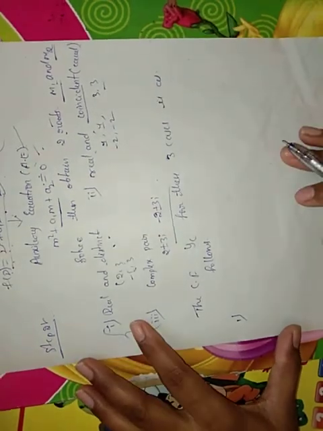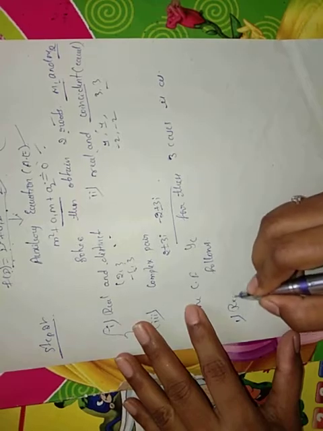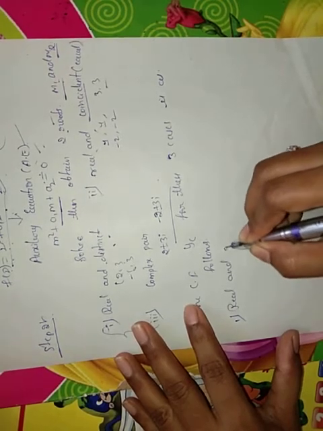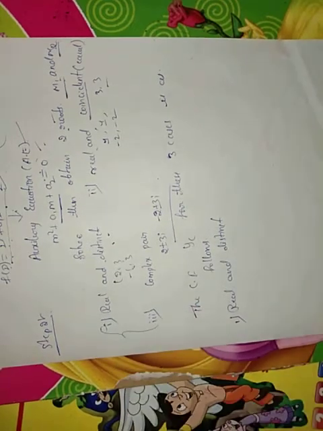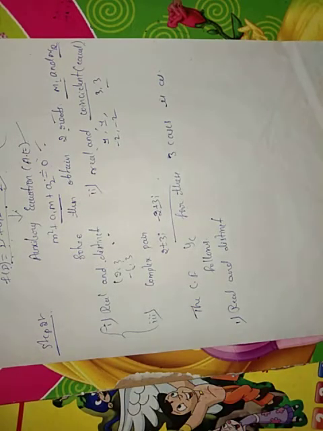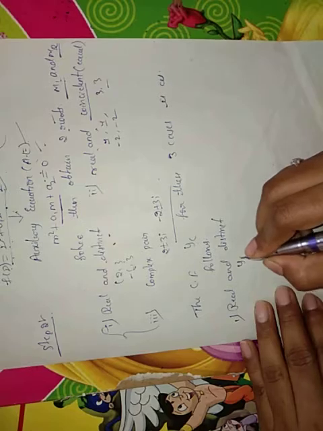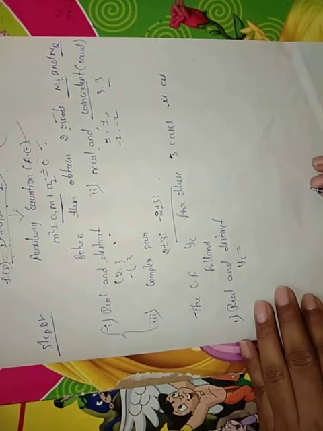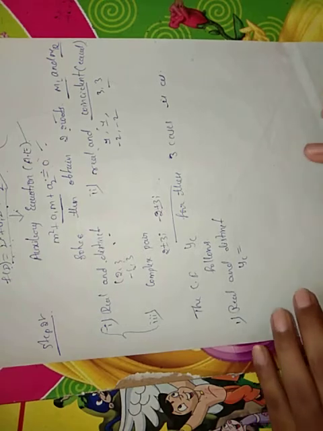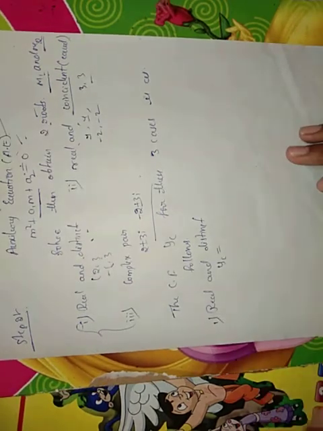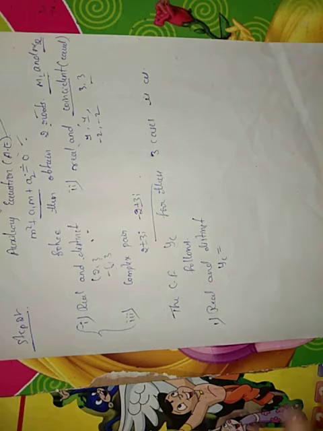In the first case, the roots are real and distinct. When the roots are real and distinct, simply taking two roots first, then I will explain generally. Suppose you have obtained two roots that are real and distinct.